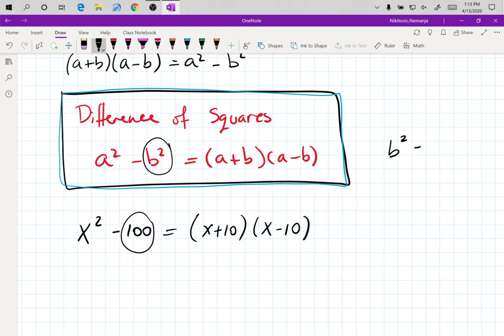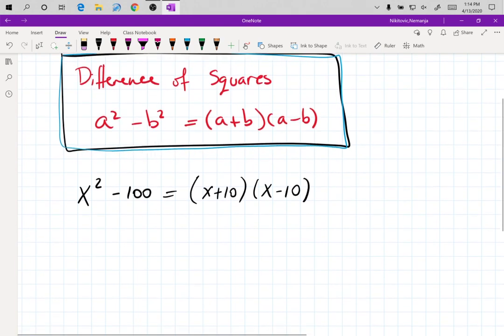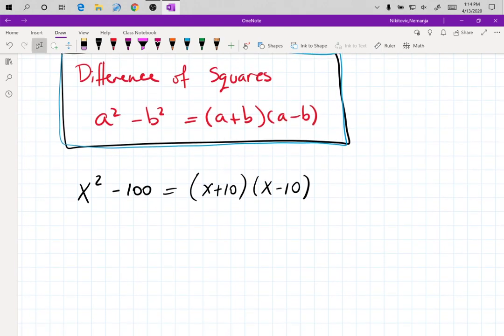If b squared is 100, then b better be 10, because when I square 10, I get 100. These are the things that we just know. There is no computation. It is visual, you match them.